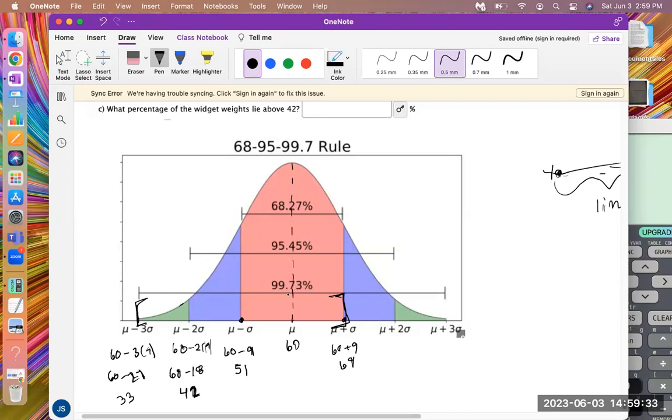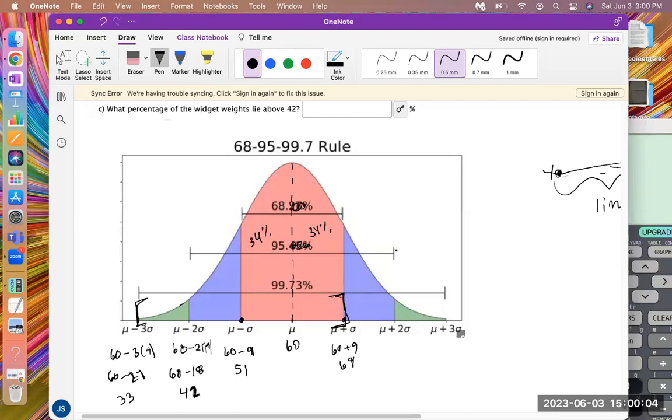If the red region is 68% of the data, then that means there's 34% to the left of the mean and 34% to the right of the mean within that red region. And then we know that 95% of the data is within 2 standard deviations.